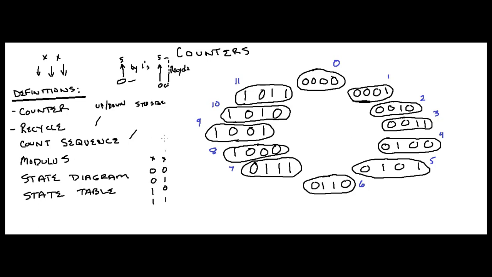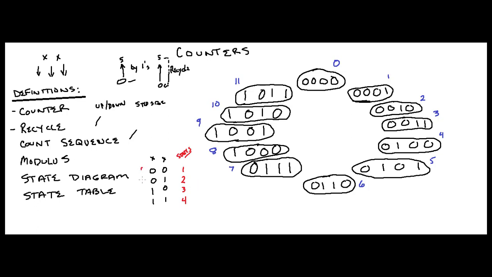Let's look at this. Here's the state: 1, 2, 3, 4. So we have 4 states in this counter.